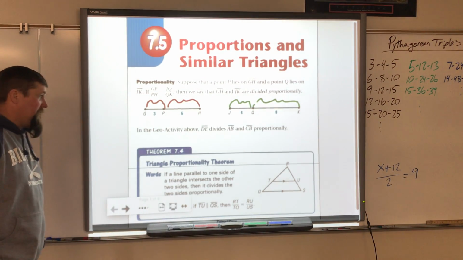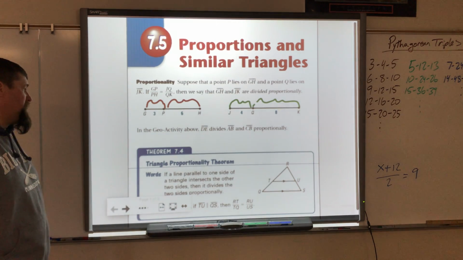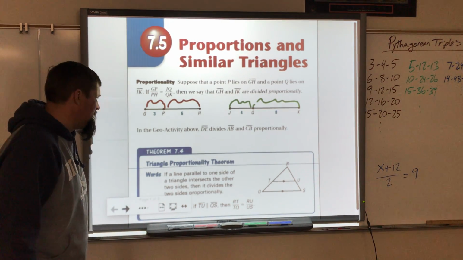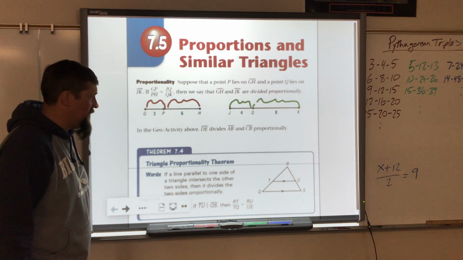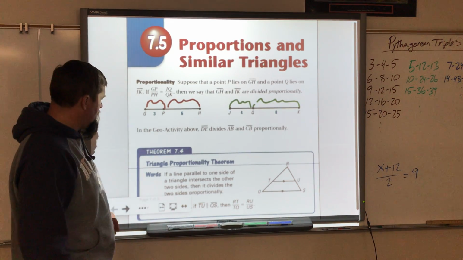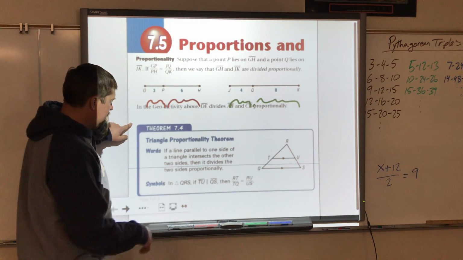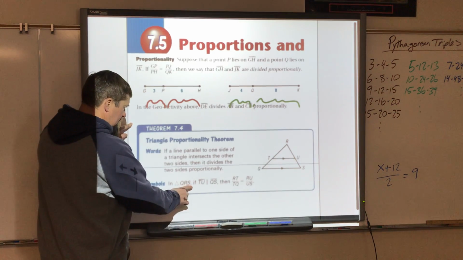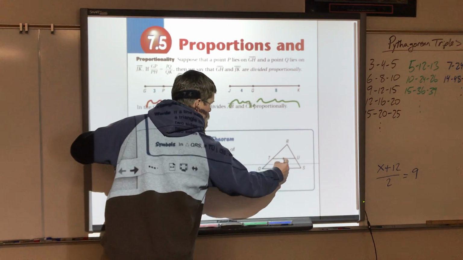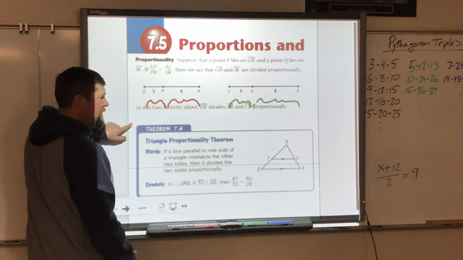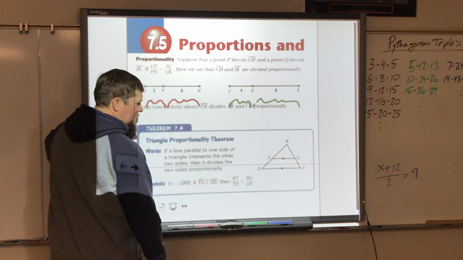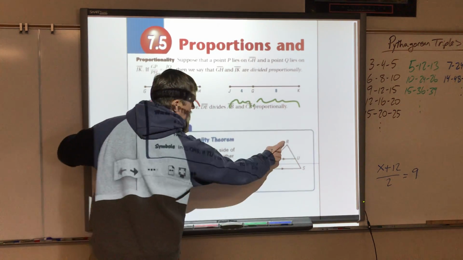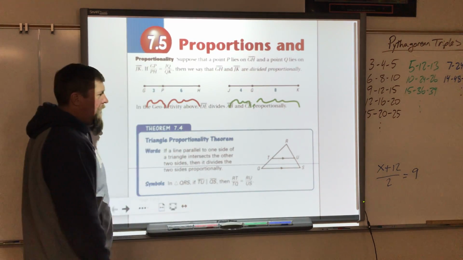Triangle proportionality theorem: if a line parallel to one side of a triangle intersects the other two sides, then it divides the two sides proportionally. Here's where this comes in. In triangle QRS, if TU is parallel to QS, then RT has to be proportionate to TQ as RU is proportionate to US.